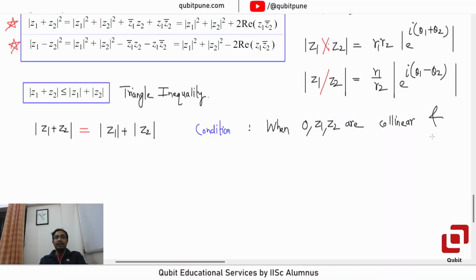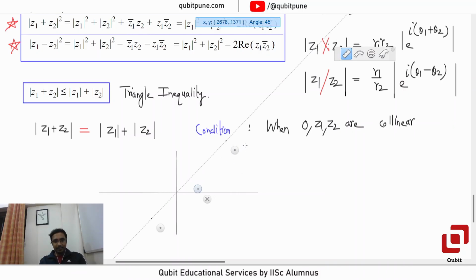Okay, let's do this. Look here. There are two possibilities. Suppose this is the line, the origin is here, Z1 is here, and Z2 is here.